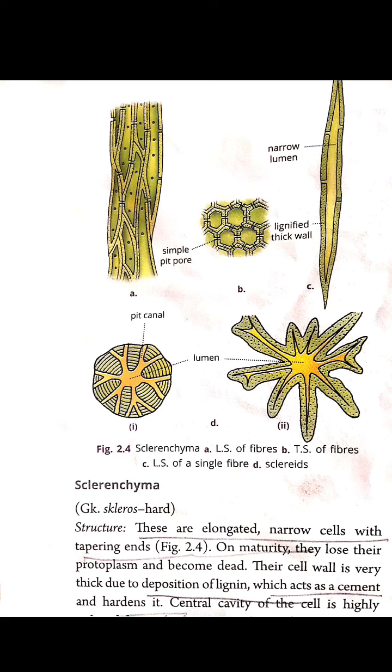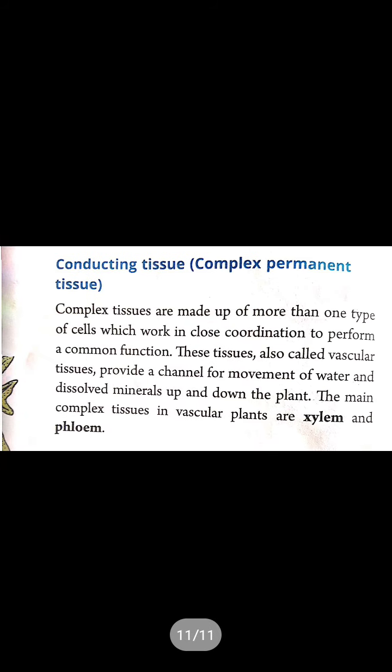Okay, very good. Now we come to the second, that is conducting tissue. As I told you, permanent tissue is of two types, that is supporting and conducting. Supporting, I have told you, is of three types: parenchyma, collenchyma, sclerenchyma. Now we come to the conducting tissue, known as complex permanent tissue, that is xylem and phloem.